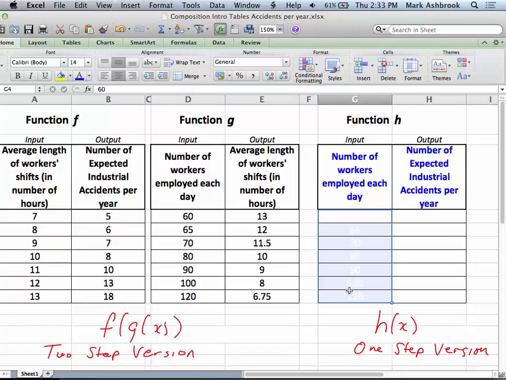Perfect. Okay, so give me one. Muhammad, did you figure out one of these entries in this table that would be part of the one-step process? 90. And what was the output for 90? 90 and 7. Yeah? Let's see. Who else?